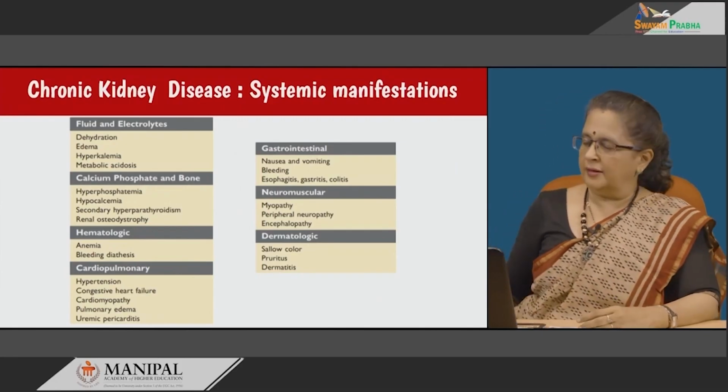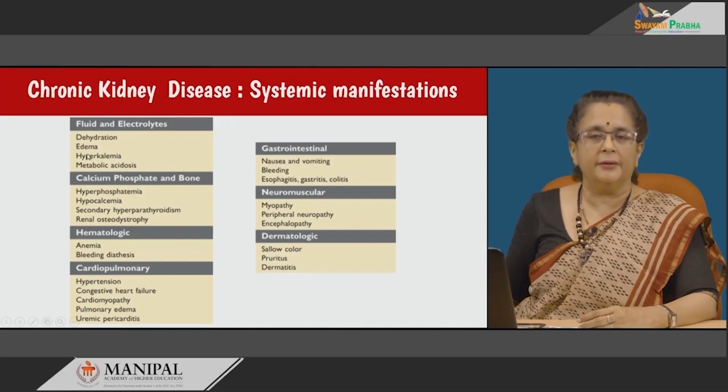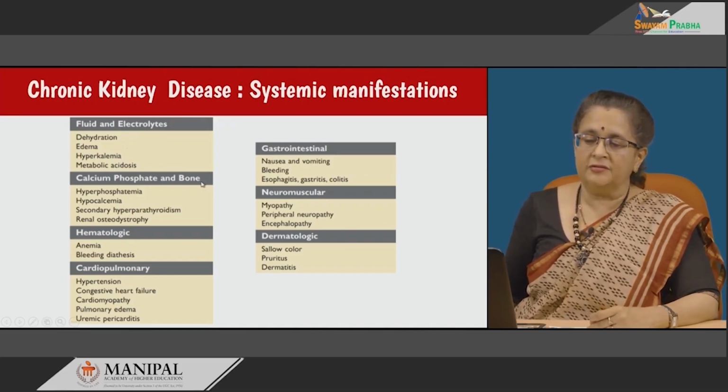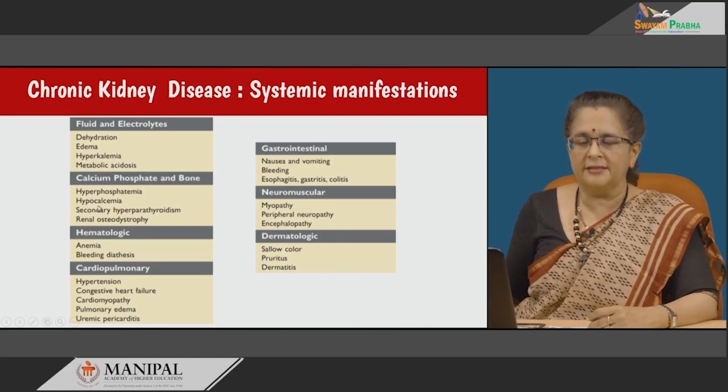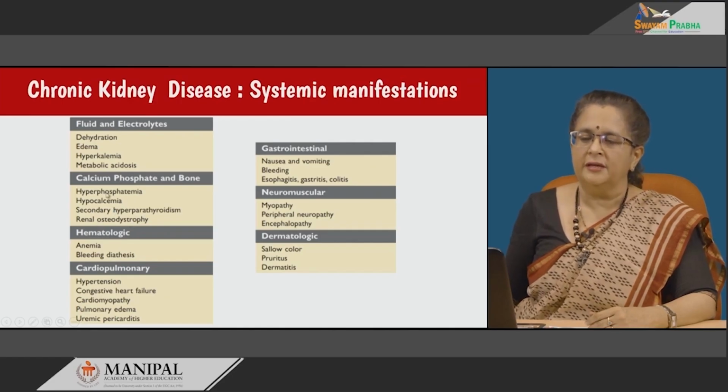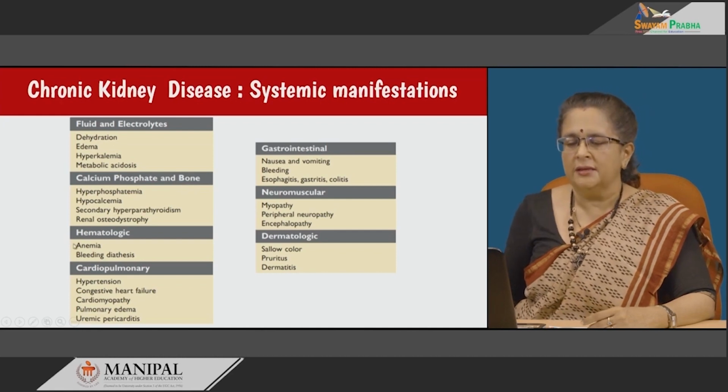So you have dehydration, edema, hyperkalemia, metabolic acidosis. Then in calcium phosphate and bone abnormalities you have hyperphosphatemia, hypocalcemia, secondary hyperparathyroidism and renal osteodystrophy. So these will give rise to the bone abnormality seen in these conditions.